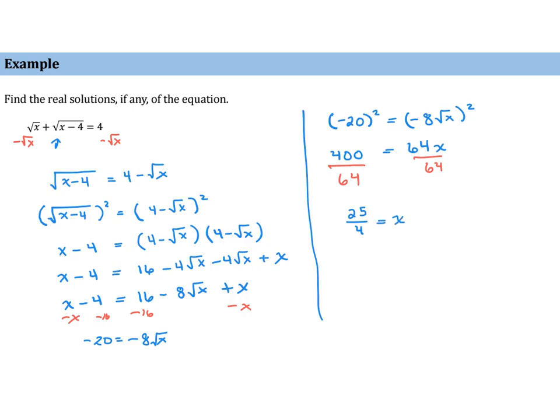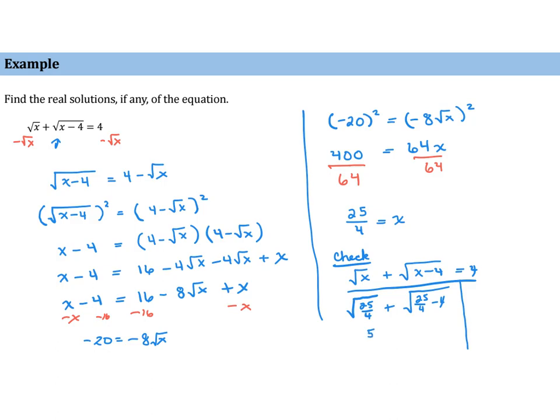Now how would we check that? We would check it by going back into the original equation. Square root of x plus the square root of x minus 4. Does that equal 4? So we have the square root of 25 fourths plus the square root of 25 fourths minus 4.